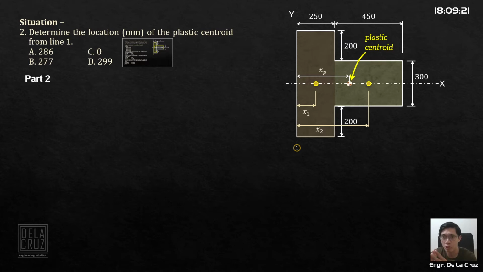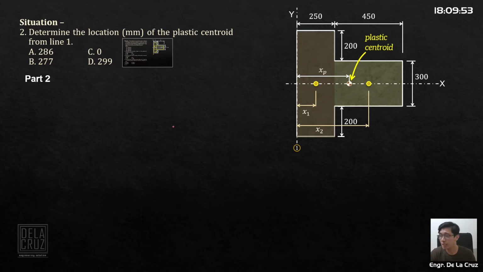The plastic centroid is the centroid of the forces acting, the capacity of the forces. Each of these concrete sections has an acting force, that is stress times area. This concrete here also has a force capacity, stress times area.